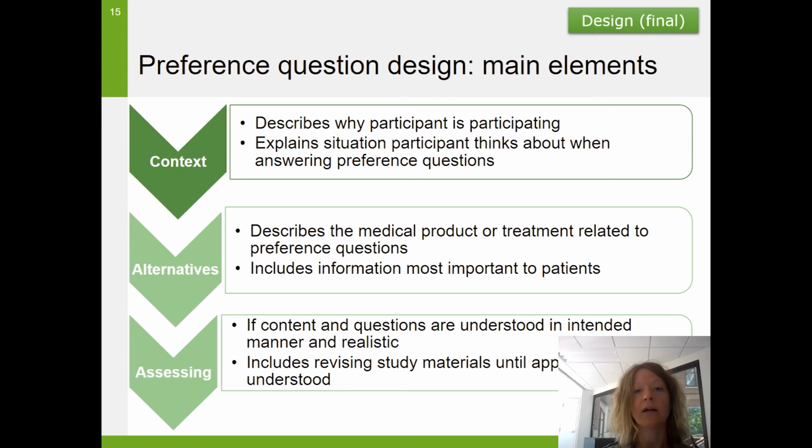So that is an example of what the situation could be that you would present in front of your participants in your question design. Alternatives essentially describes the different aspects of the treatment that you're going to be asking the participants about. But it's really critical that what you include in there are meaningful to the participants.